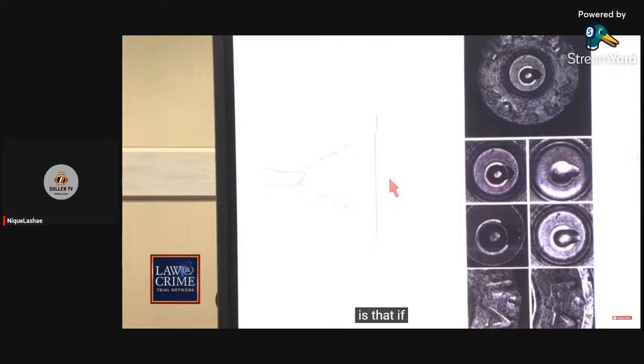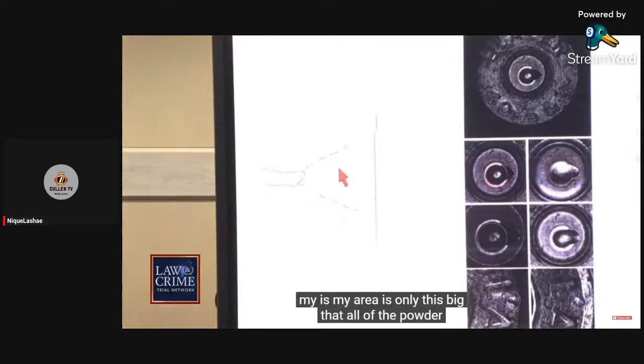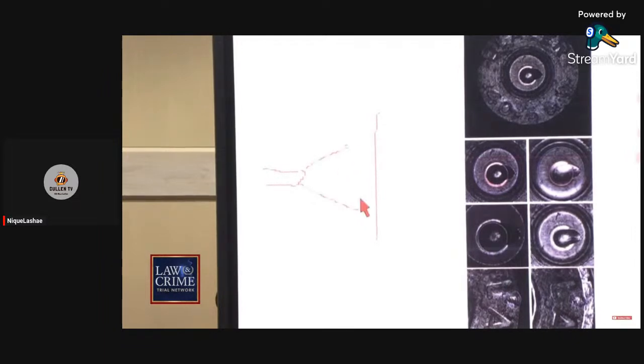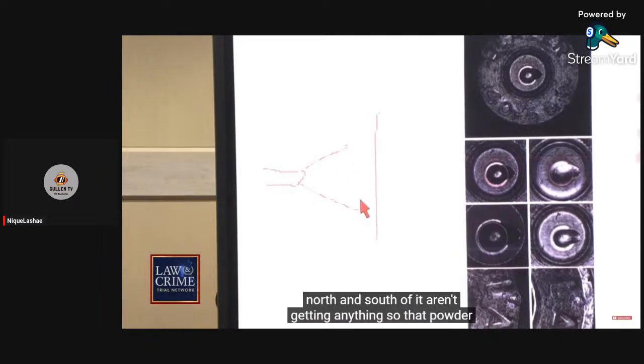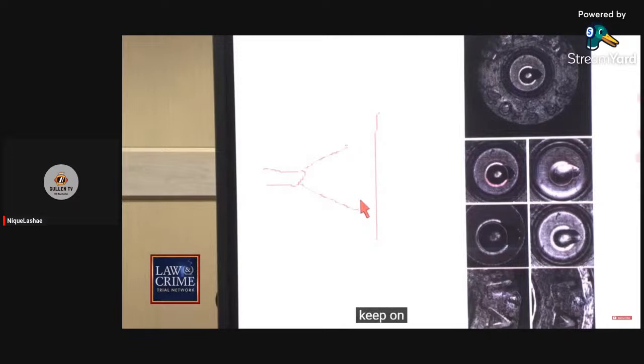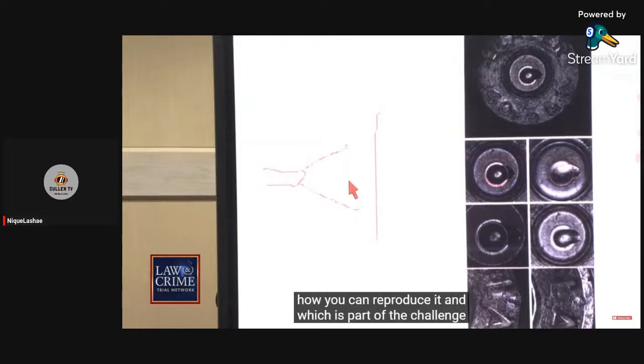So what that means is that if my area is only this big, then all of the powder north and south of it isn't hitting anything. That powder keeps on traveling and doesn't hit anything. It only hits whatever is present there. So all of that does play a factor in your distance determination and how you can reproduce it.